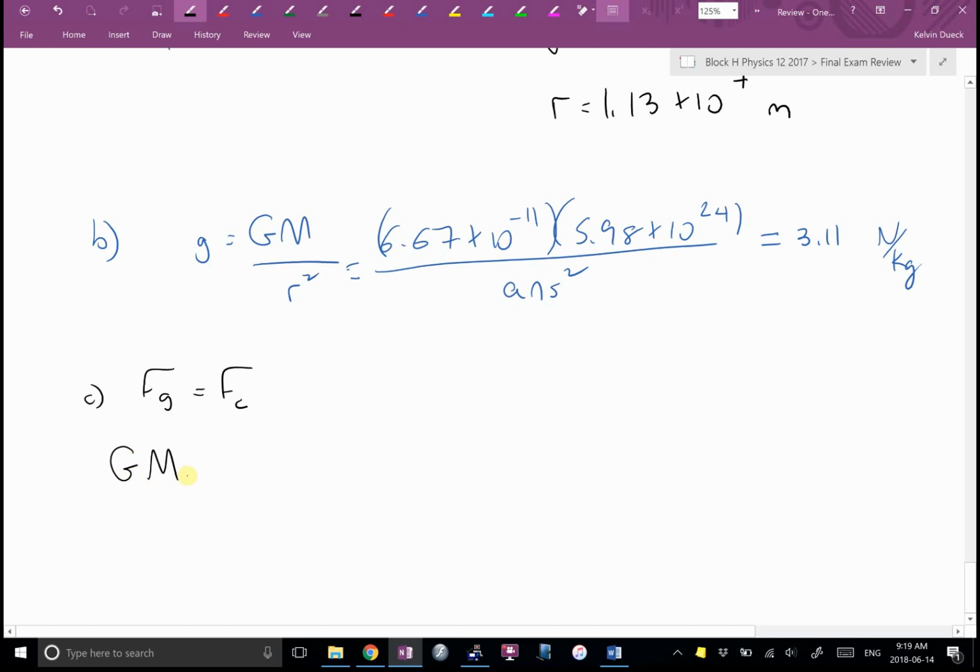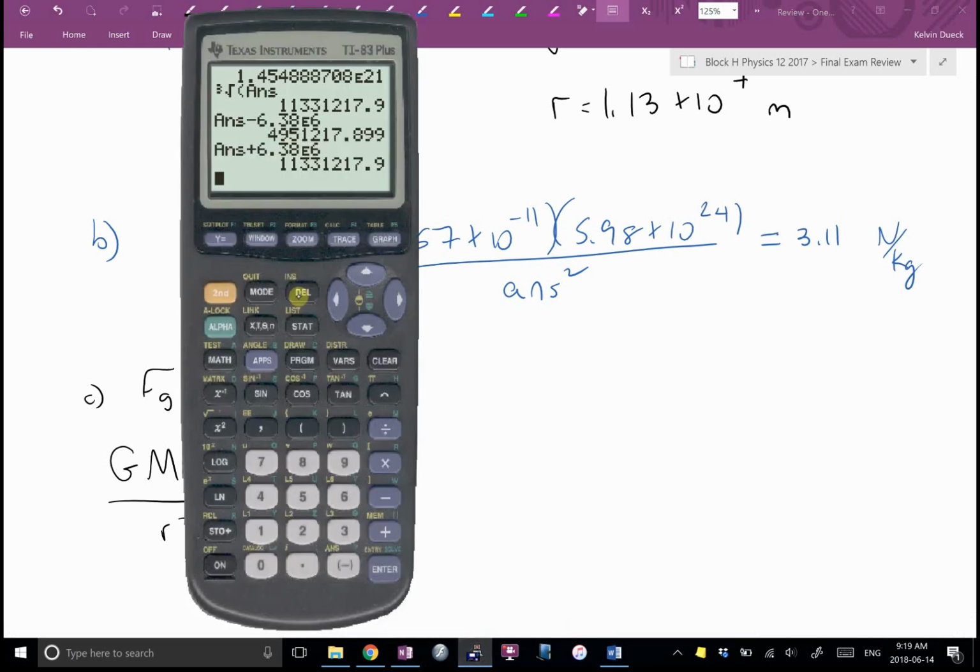Big G, big M, little m over r squared equals, this time I'll use mv squared over r. And I still happen to have r on my calculator. If not, I would quickly recrunch it. I kept mine here for a reason. Sorry for those of you that use it to find the 3.11, but we'll keep this there.